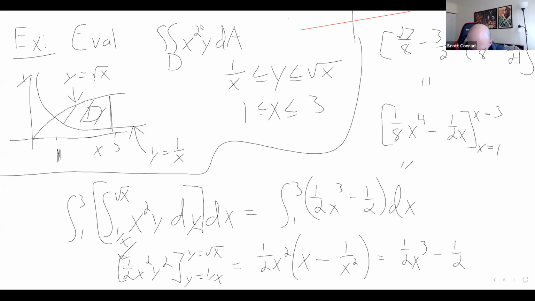On which? You did 27 over 8, but wouldn't it be 3 times 3 times 3 times 3? Oh, 3 to the 4, not 3 to the 3. Yes, sorry. 81. There we go. I was like, yeah, this doesn't make sense. Right. Okay. So we get 81 over 8 minus 1 over 8 is 80 over 8, which is 10.